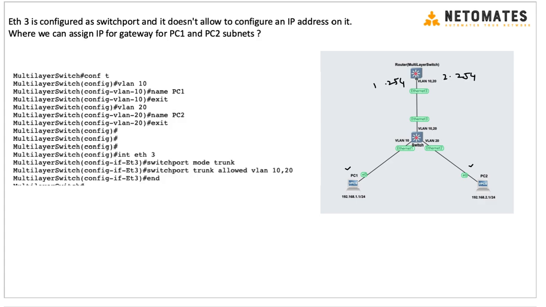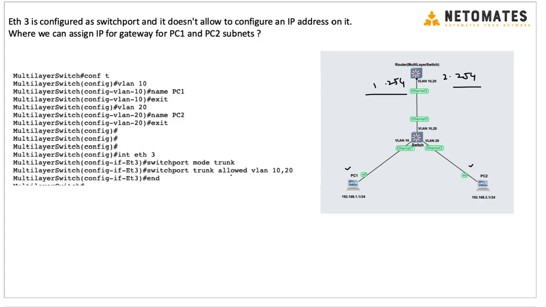But here we only have one physical interface, and we define that as a switch port. On a switch port you cannot assign an IP. Also you cannot assign two IPs on the same Ethernet, right? So that's why it is not possible to assign IPs on the same physical interface.